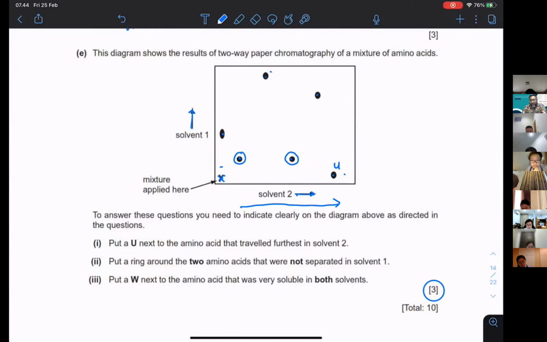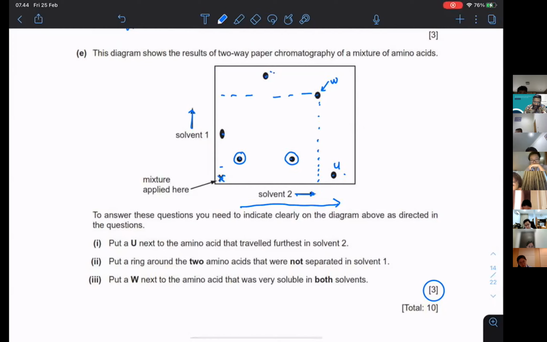But there is something that is soluble in both solvent 2 and solvent 1, which is this one, which is going to be W. They are soluble and went up and to the right like this, and they went all the way to here also. So they are really soluble in both of the solvents.